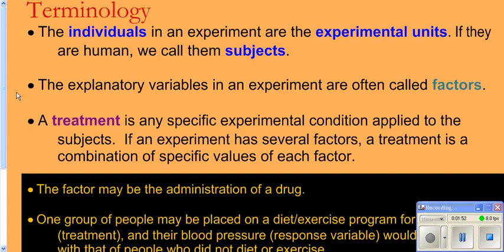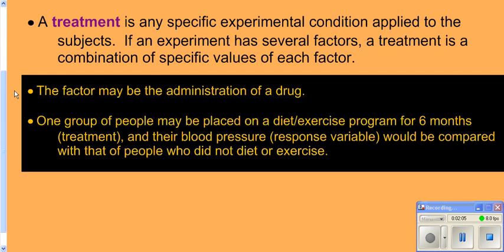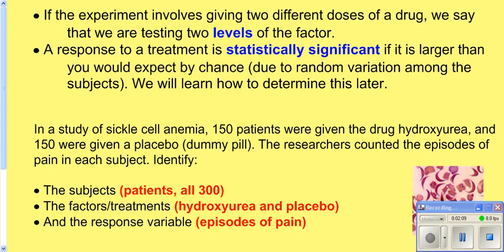You could have several different levels of treatment, and they are all going to be affecting your factors. If you're given two different doses, you have two different levels, but only one factor.